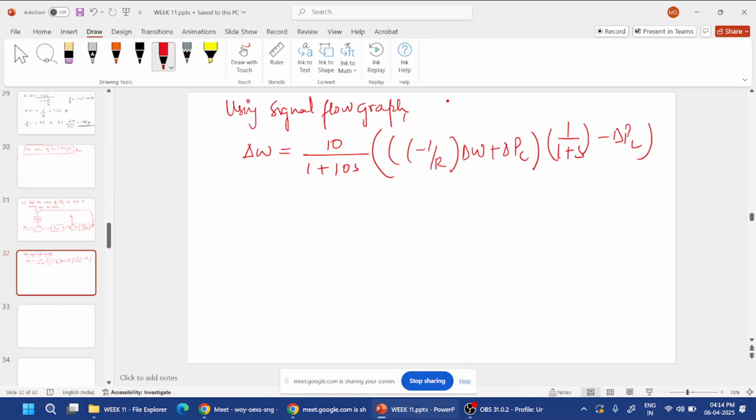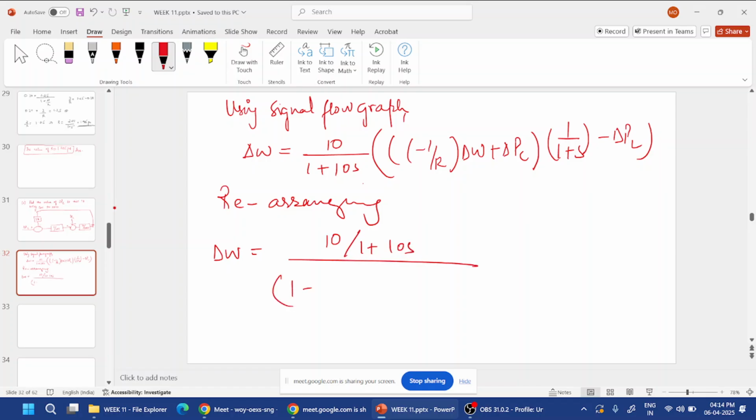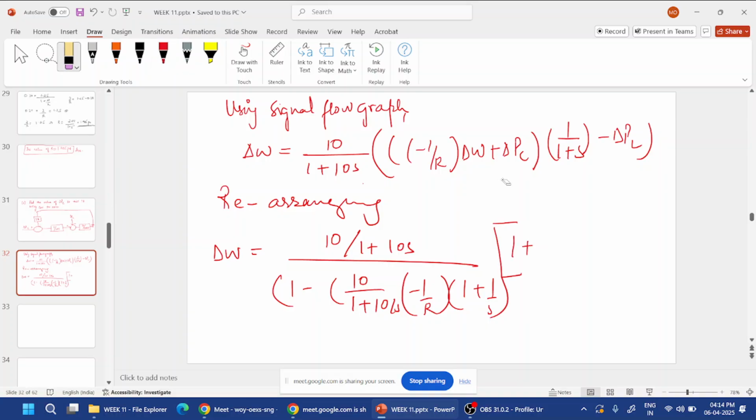Now again taking the W parts on the left side and rearranging, del W comes out to be 10 by 1 plus 10S divided by 1 minus 10 by 1 plus 10S minus 1 by R into 1 plus 1 by S, multiplied by 1 by 1 plus S, (del PC minus del PL).